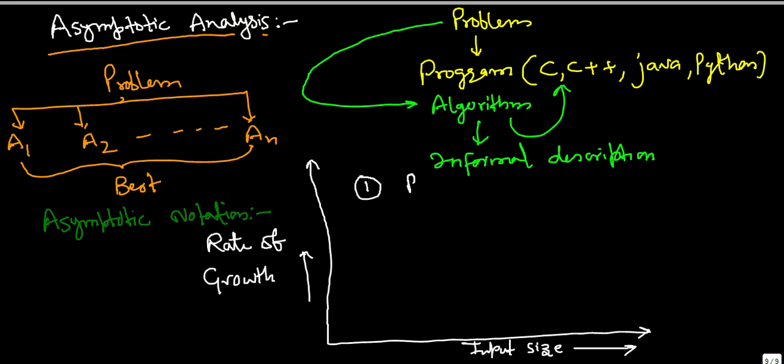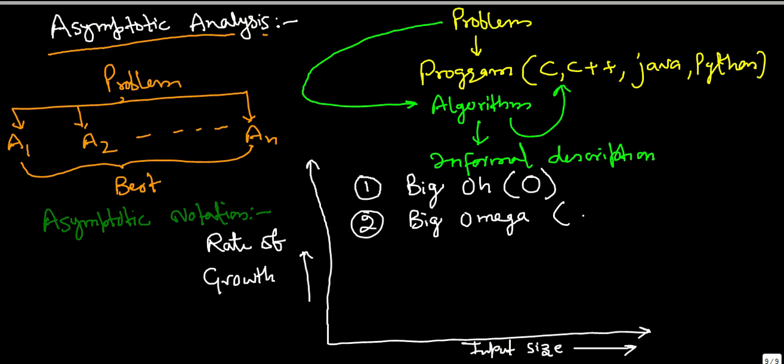So first one is big O notation, which is written like big O. Second one is big omega, and it's written like this. Third one is theta notation, and symbol for theta notation is this theta.